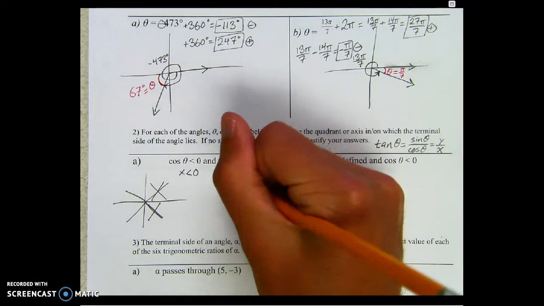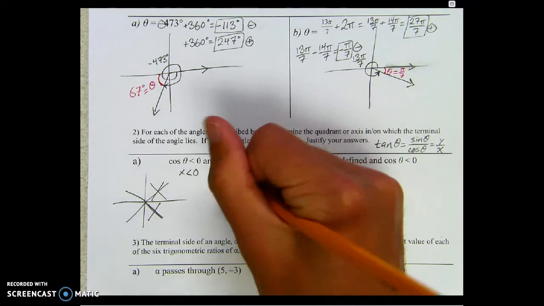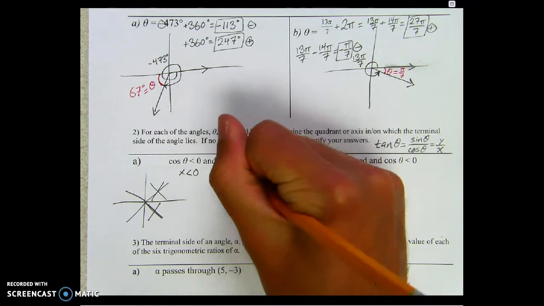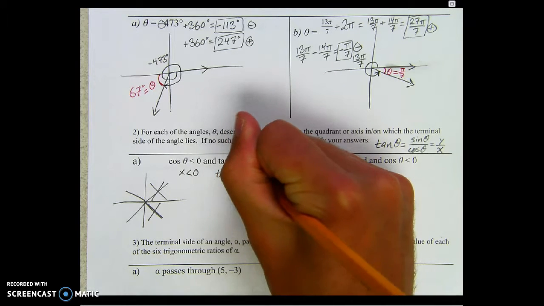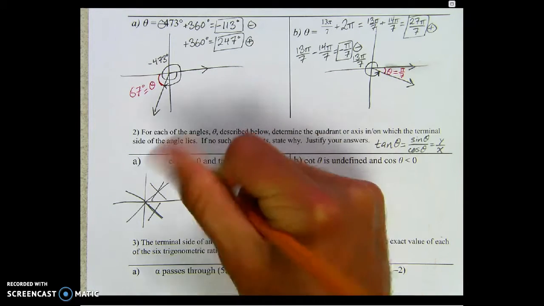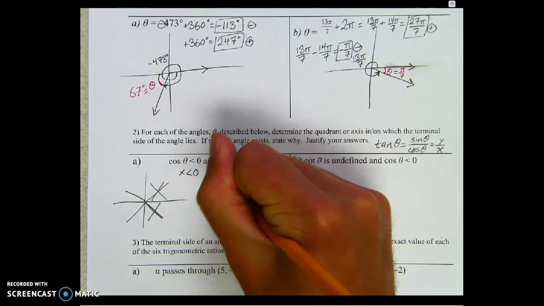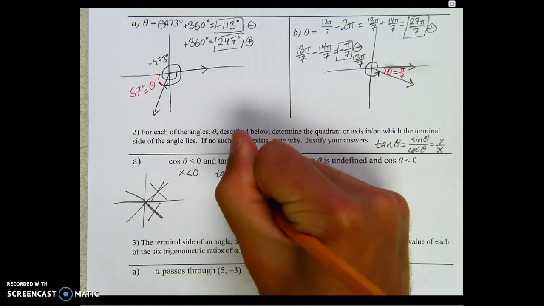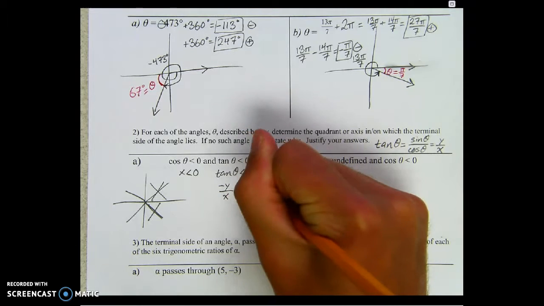We also need to figure out where the tangent values are going to be negative. Well, tangent of theta will be less than 0 when we have negative y over x or positive y over negative x.